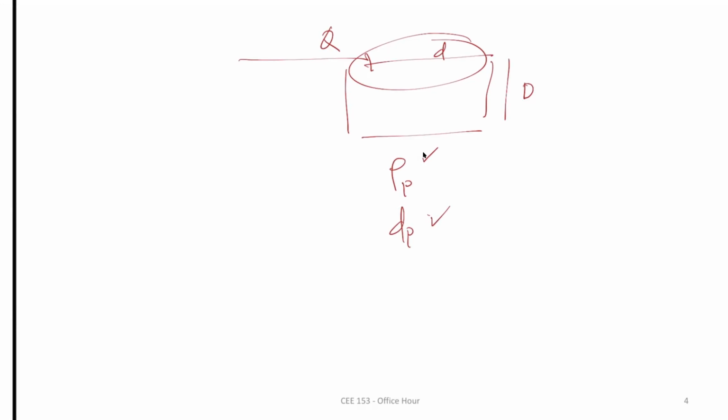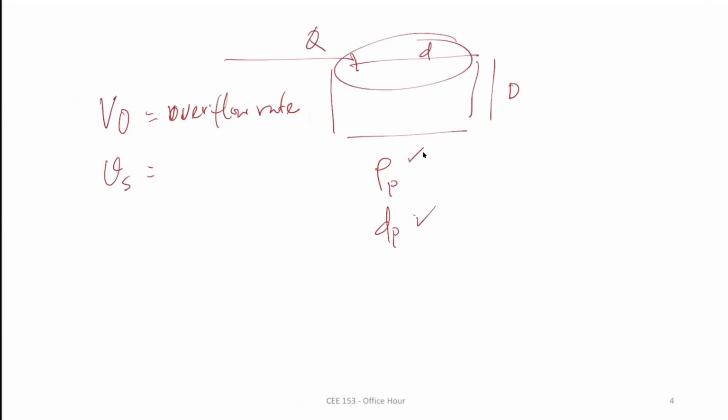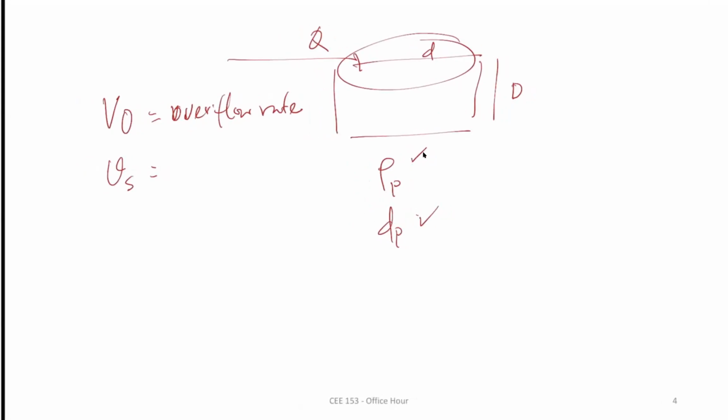So think of this way: if overflow rate, velocity of overflow, so that's v0, and then you have another thing which is sedimentation rate, the velocity of particles when sedimenting, the sedimentation velocity, vs. These are the two things you can calculate.